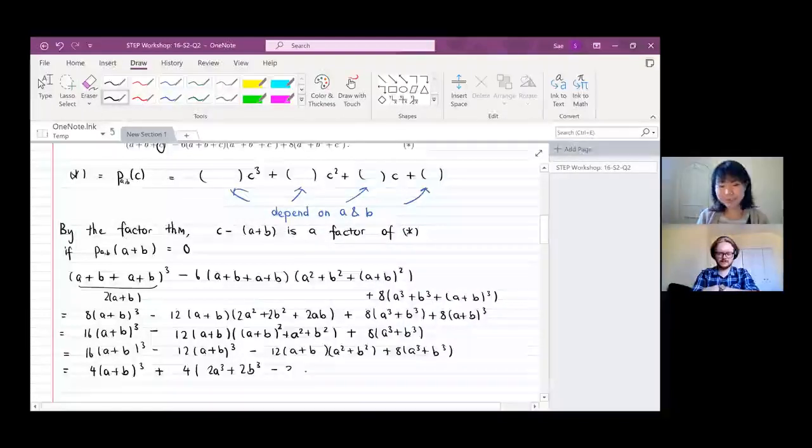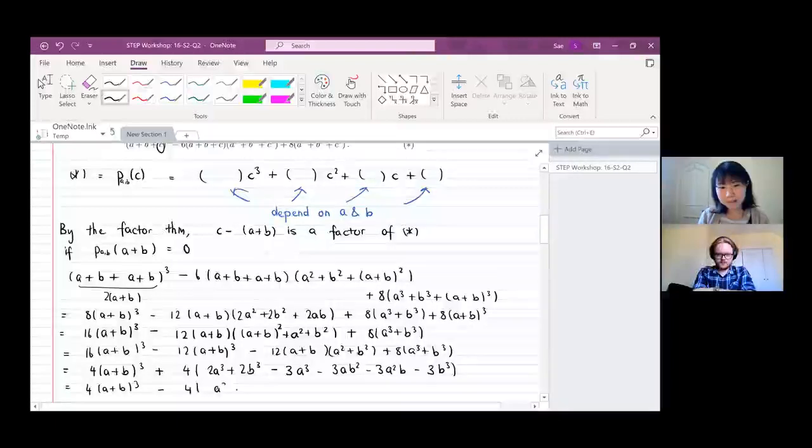There is a minus 3a cubed minus, that's a 3ab squared minus 3a squared b minus 3b cubed. This is looking nice. This looks like a 4a cubed, and then pull out a minus sign and you get a 4a cubed, because that's a 2 minus a 3. It's a minus 1, but we pulled out a minus sign, plus 3a squared b plus 3ab squared plus b cubed.